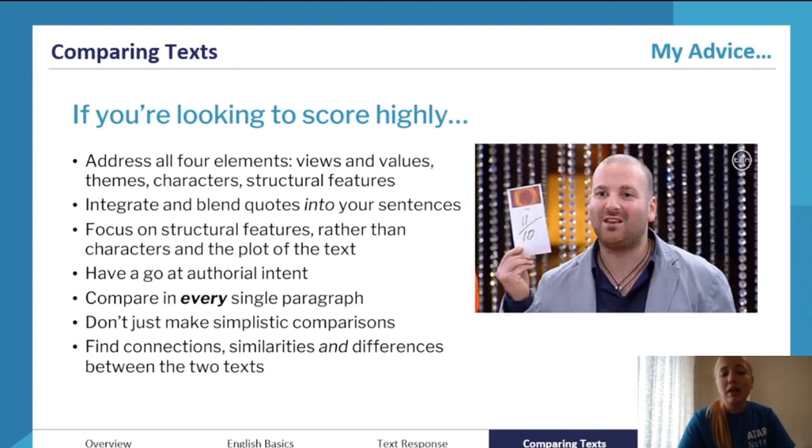Comparing every single paragraph, this needs to be there, and try to incorporate differences rather than just having a go at similarities all the time. Don't just make simplistic comparisons. Try to find that level of complexity to put in there and look for connections, similarities, and differences between the two texts. So try to look for nuance and complex links to make.